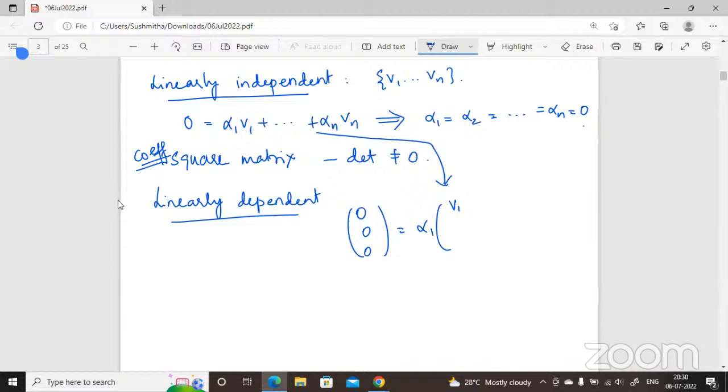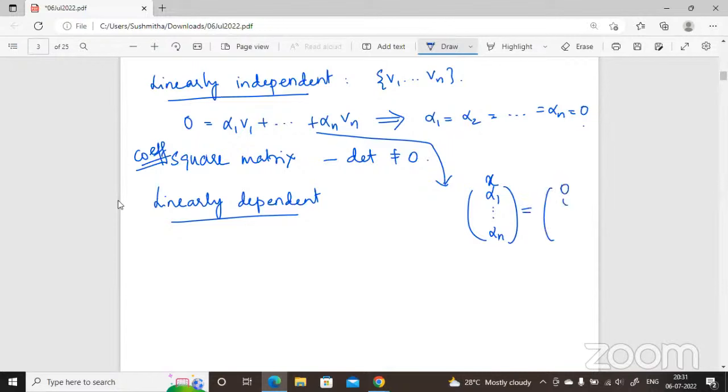This is actually a system of linear equations, right? So when you have a system of linear equations, there is a particular way of writing the coefficient matrix. This will be like Ax equals B. The unknowns are the X vector: X is alpha 1, alpha 2, and so on.